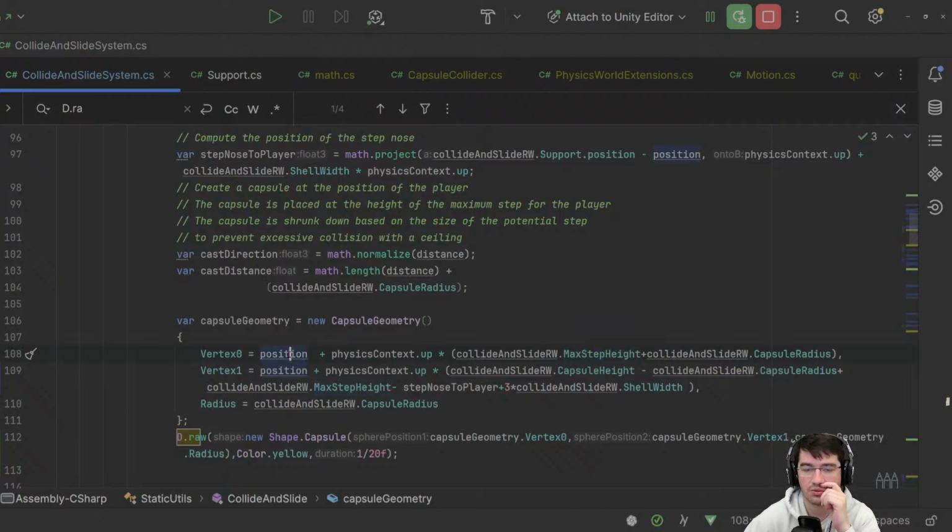Vertex 0 should be my current position plus the maximum step height plus the radius plus the width.